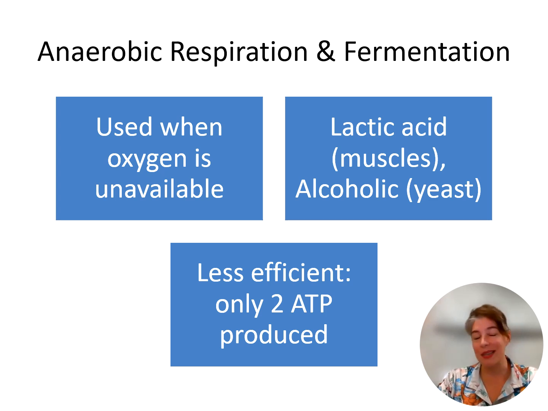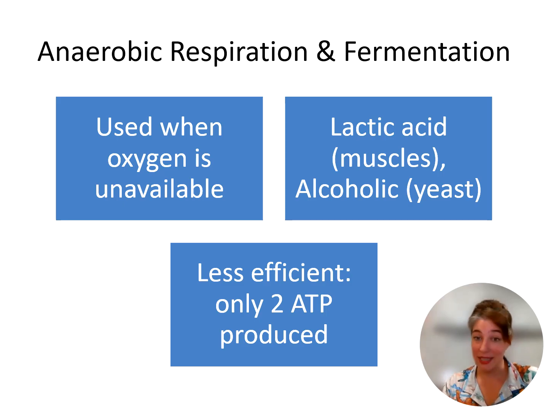There are two main types of fermentation. We have lactic acid fermentation, and that happens in human muscle cells and some bacteria. In human muscle cells, this is going to happen during intense exercise, when you sprint or run, and it produces lactic acid and 2 ATP molecules.